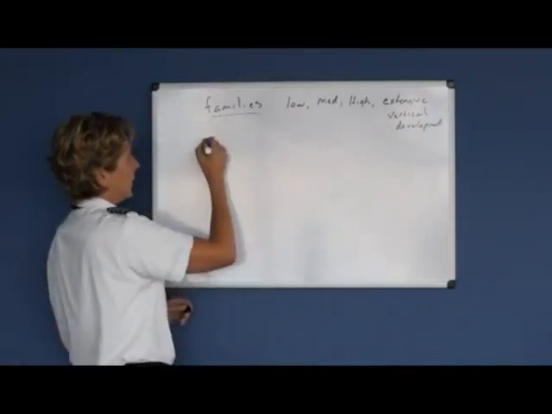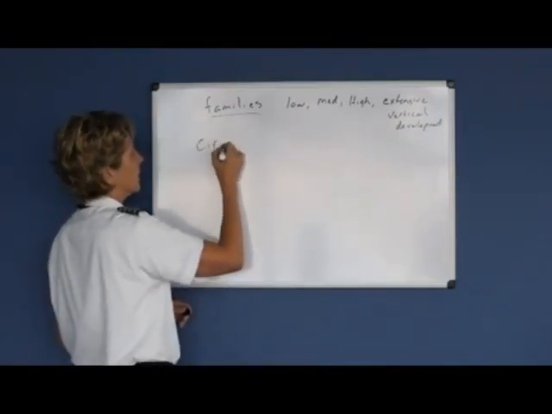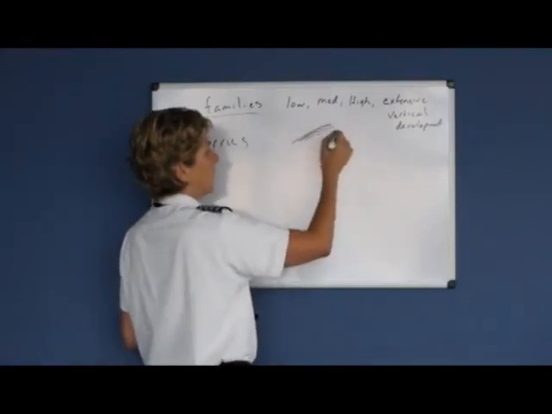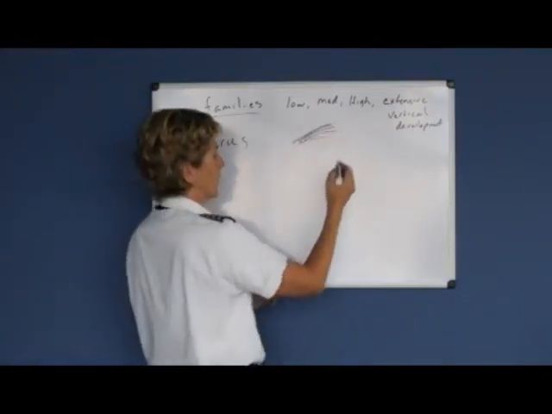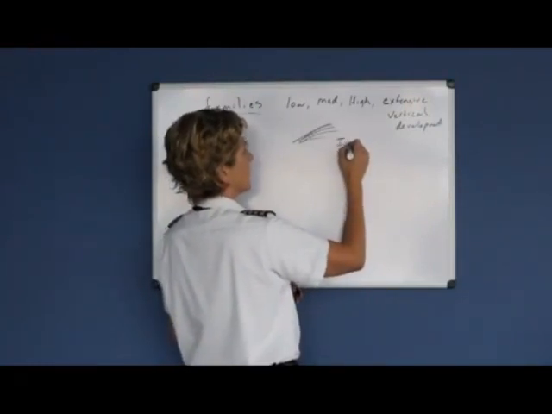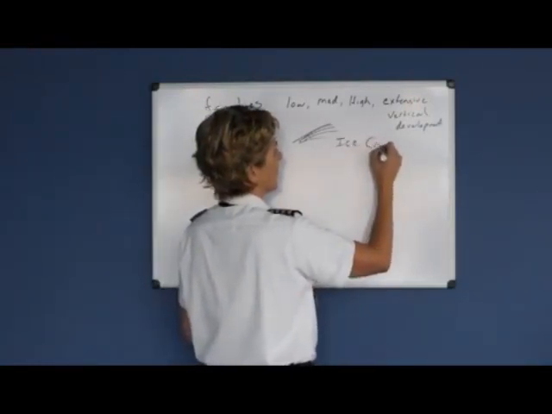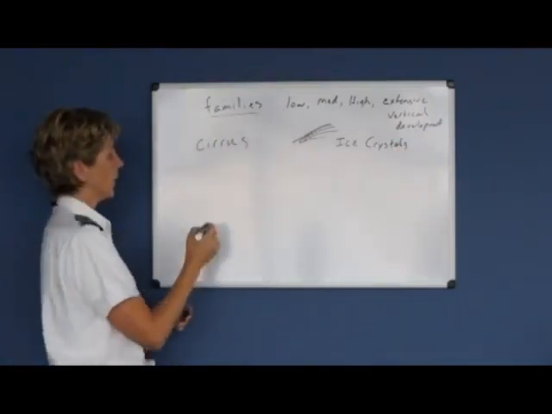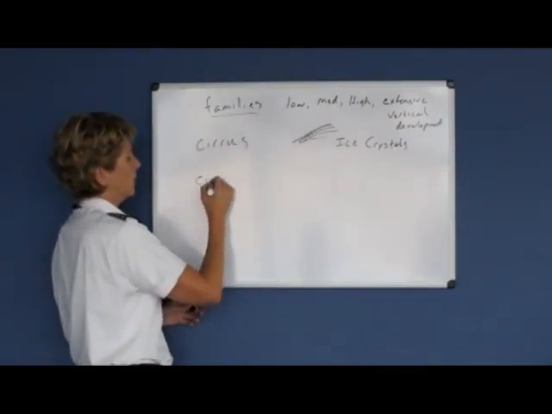The types of clouds that we could have are cirrus, and cirrus clouds are the ones that are really high and kind of wispy looking, and those are composed of ice crystals. The next type of cloud would be your cumulus cloud.